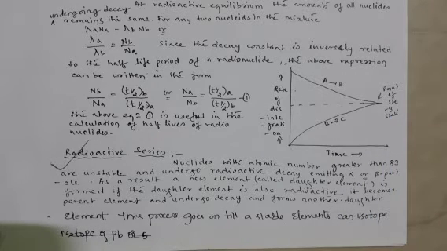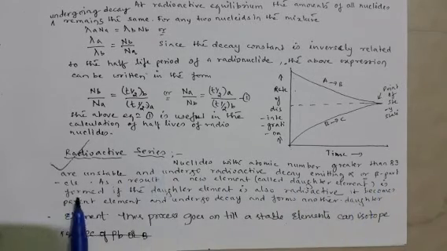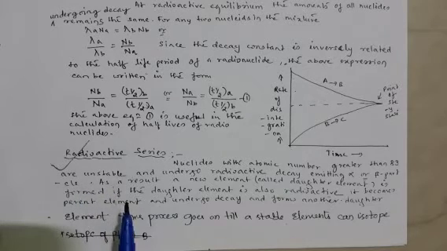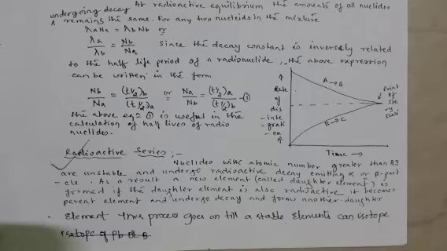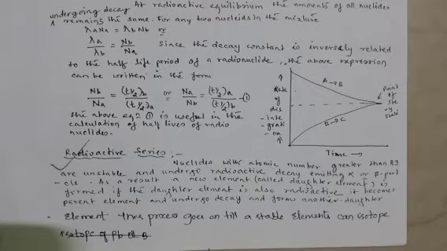Next, let us move on to the radioactive series. The nuclides with atomic number greater than 83 are unstable. We know that any element having an atomic number greater than 83 is said to be unstable, and it will undergo radioactive decay, emitting either alpha or beta particles. As a result, a new element called the daughter element is formed. If the daughter element is also radioactive, it becomes the parent element and undergoes decay and forms another daughter element.